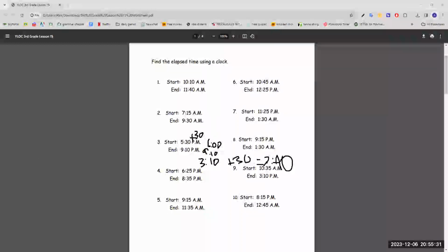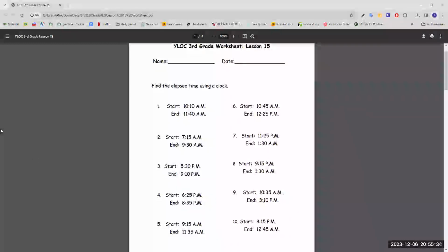Now let's move on to the right side of this section, which has both AM and PM. So number 6, the start time is 10:45 a.m. and the end time is 12:25 p.m. Now again, let's get this 45 to just be 00. And we can do that by adding 15 minutes. And once we do that, it becomes 11.